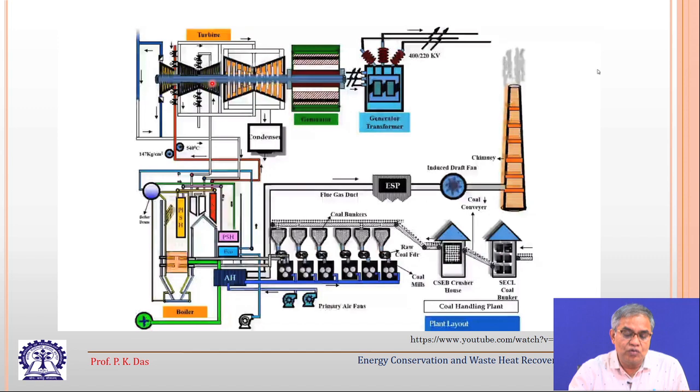Then it has gone to the reheater. Now it will go to the intermediate pressure turbine, which is there in between. Here it is going to the intermediate pressure turbine.